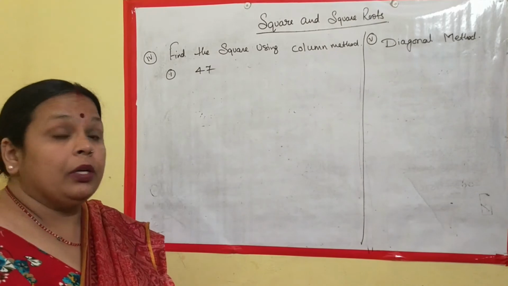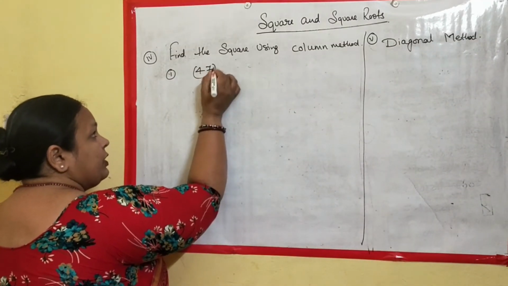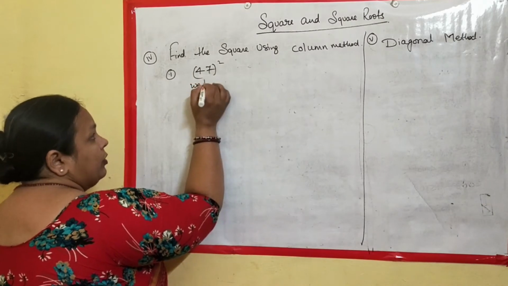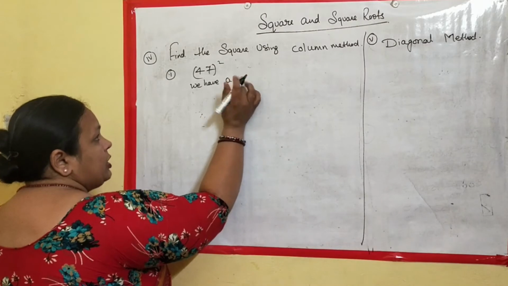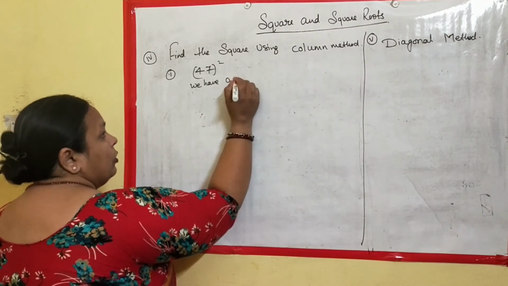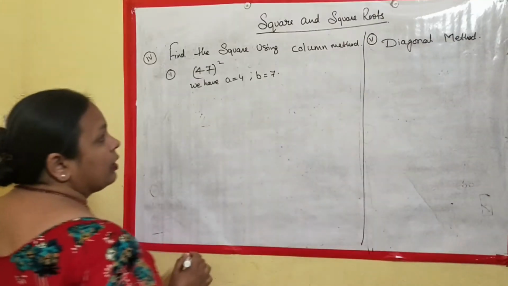The column method, we need to understand that in this 47 square we have a is equal to 4 and b is equal to 7. Clear?